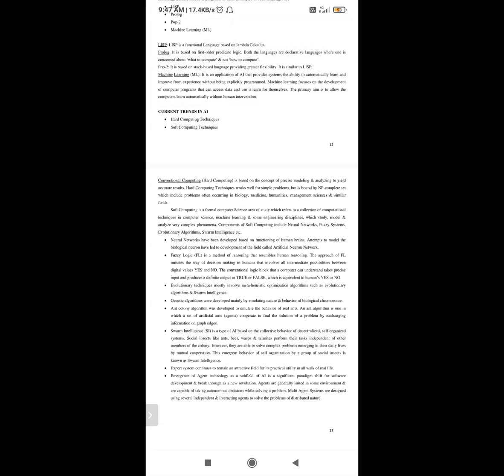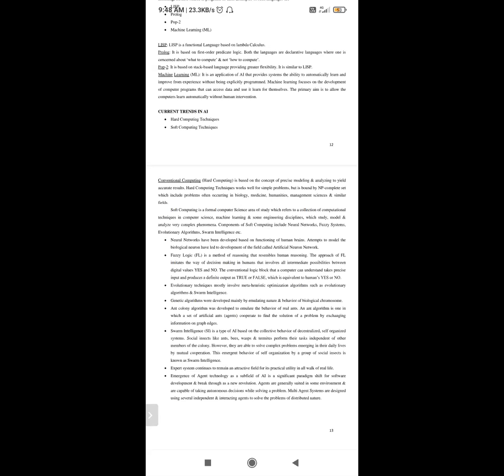Coming to neural networks, they have been developed based on the functioning of the human brain. Neural networks tell us how communication is done between the brain and the nerves.